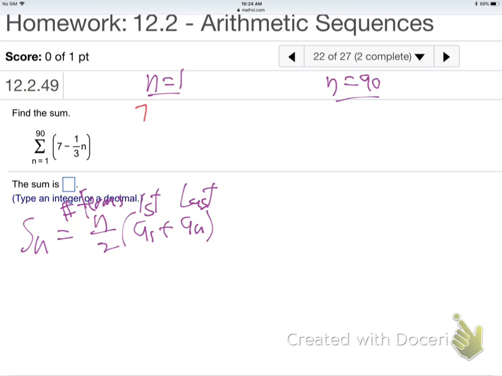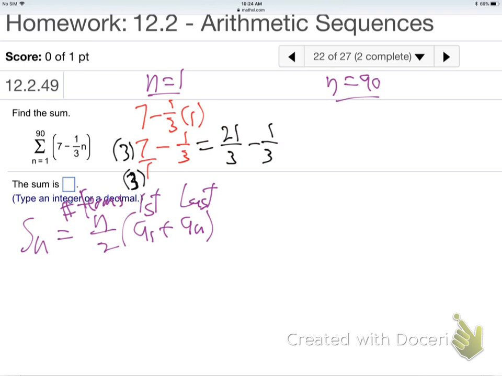So first term, 7 minus 1/3. So what do you do with 7 minus 1/3? Put the 7 over 1, common denominator. 21/3 minus 1/3, 20/3. The first term is 20 over 3.